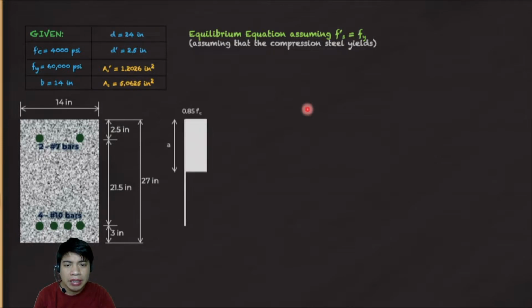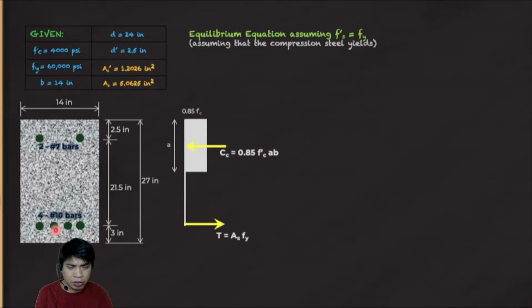First, let's make a force diagram like before. Of course, we have the tension force here, which is equal to A s multiplied by F y. The A s here is the area of our tension bars. Then we have the compression concrete force, which is 0.85 F sub c prime multiplied by a times b.